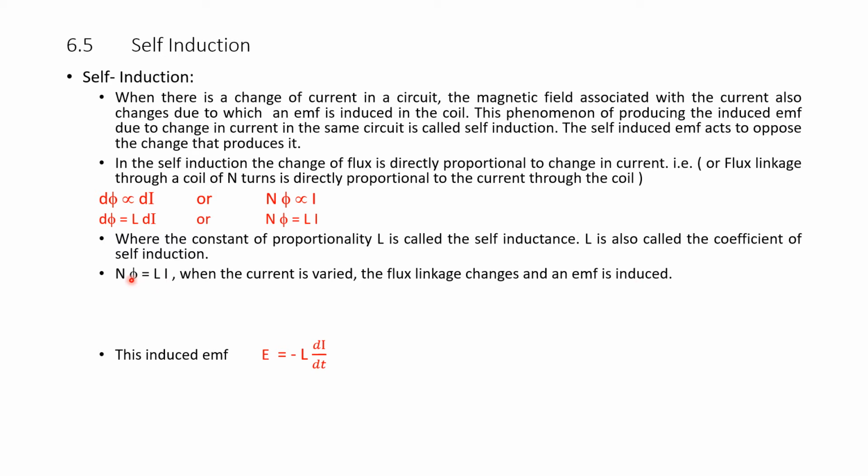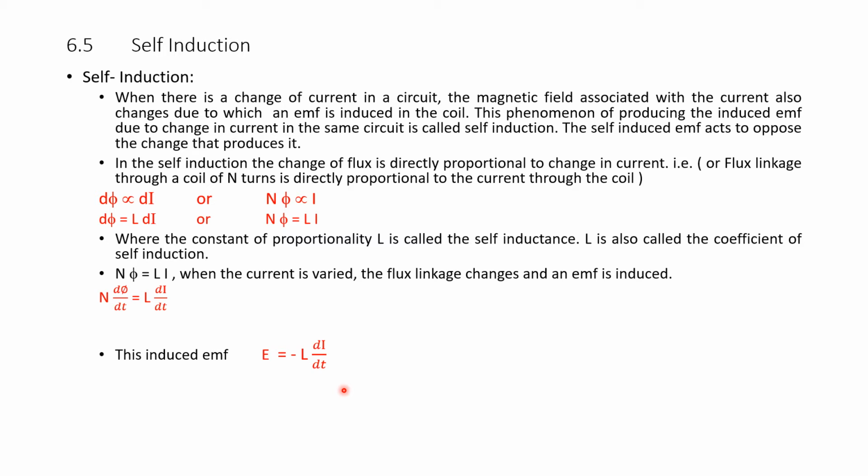Therefore, when the flux linkage is changing, N d phi/dt = L dI/dt, and E = minus N d phi/dt, where N is the number of turns. This induced EMF is E = minus L dI/dt. The self-induced EMF always opposes the change, hence it is also called back EMF.